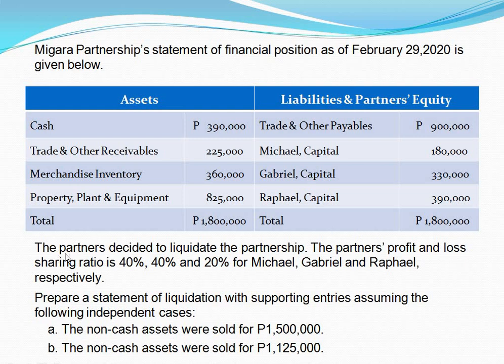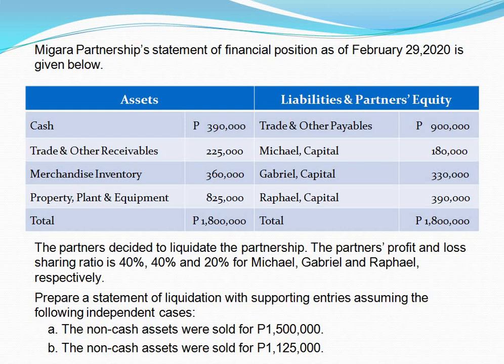The partners decided to liquidate the partnership. The partners' profit and loss sharing ratio is 40%, 40%, and 20% for Michael, Gabriel, and Rafael respectively. Prepare a statement of liquidation with supporting entries, assuming the following independent cases.